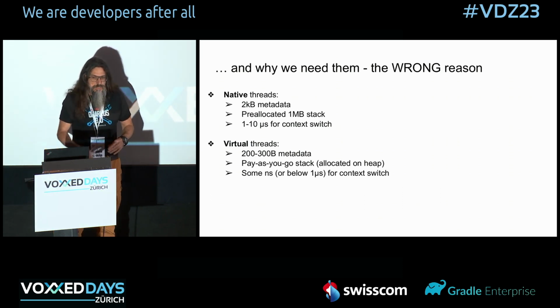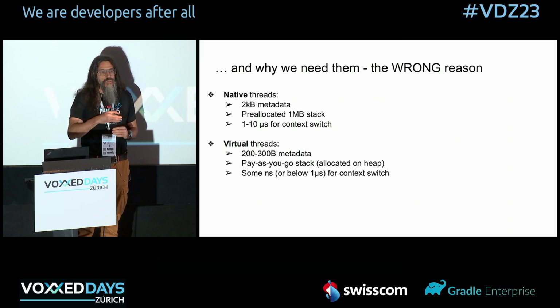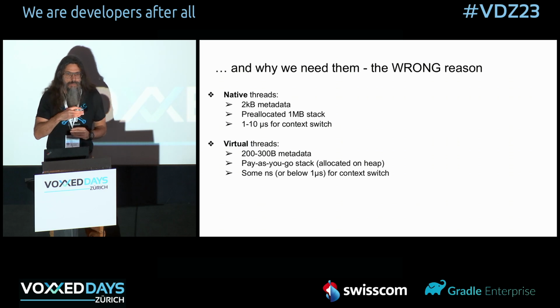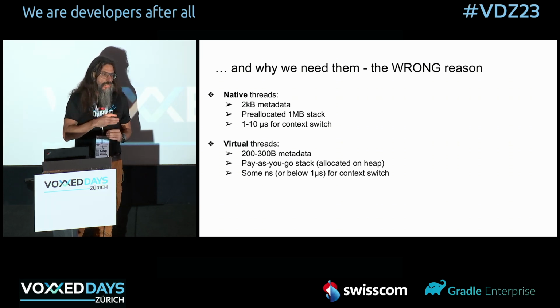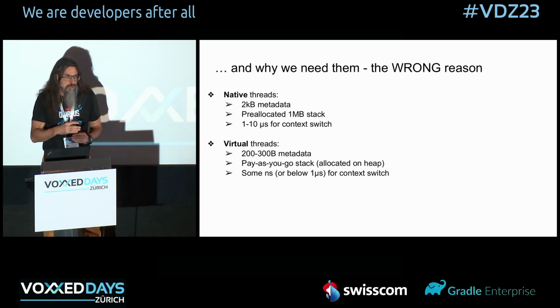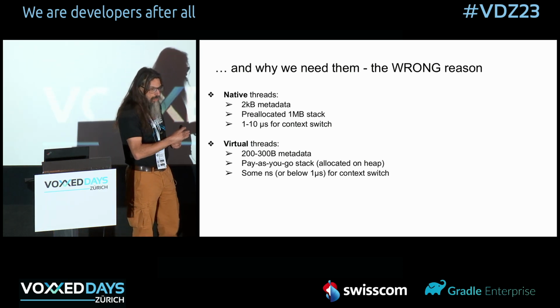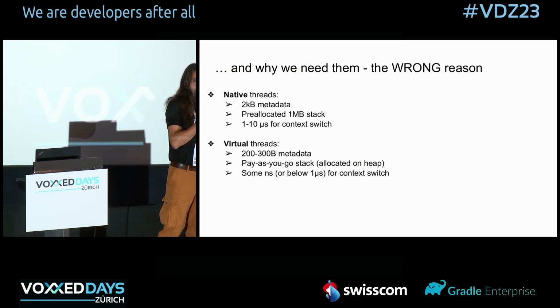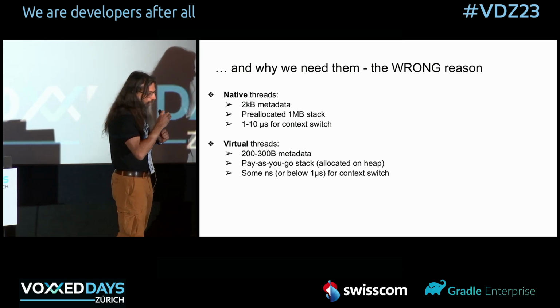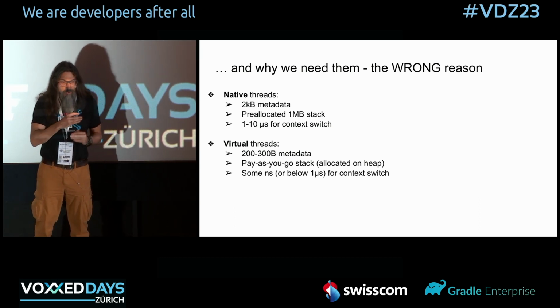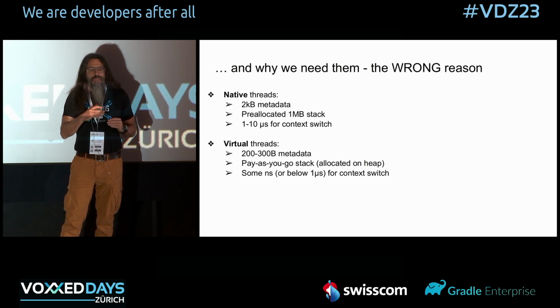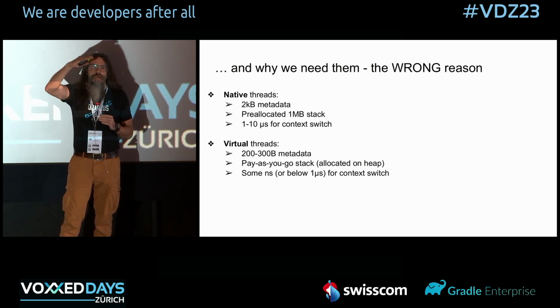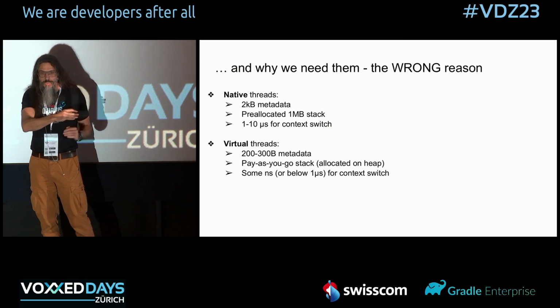The main difference is that with native threads, you need to pre-allocate at least 1 megabyte, probably closer to 2 megabytes of memory just for the stack, regardless of whether you use it or not. So you need to pre-allocate the stack, and this is the area of memory that will be used for the stack of that thread. If the thread has 3 calls on the stack or 3000, doesn't matter, you are consuming that resource.